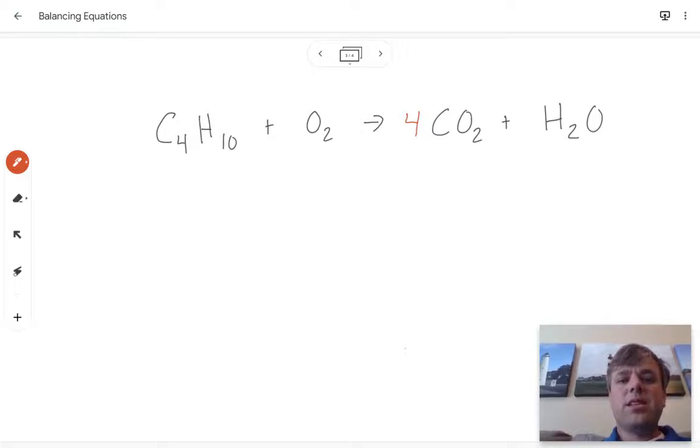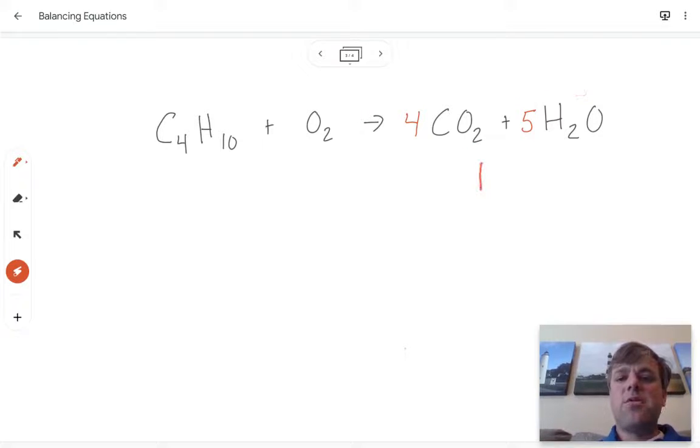The second thing we notice with the hydrogens, we've got 10 hydrogens on the left and 2 hydrogens on the right, so we put a 5 right there because 5 times 2 is 10. Now for the oxygens, we have 2 oxygens on the left, and on the right we have 4 times 2, which is 8, plus 5.